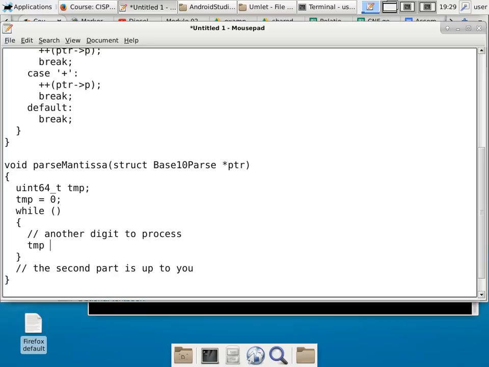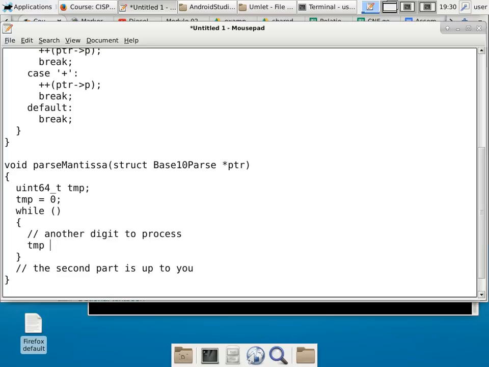Okay, so I look at the 4 first, right? Remember TMP was 0. So this is tracking TMP. When I process the 4, I say, well, 0 times 10 plus 4 is 4. So now TMP is 4. Then I move on to process the 2. When I process the 2, I multiply TMP by 10, so it becomes 40.